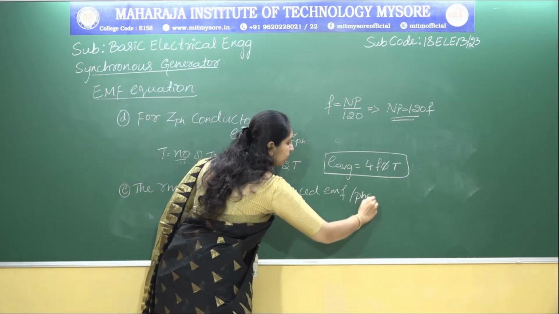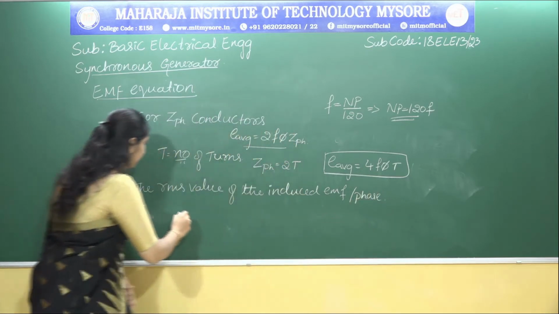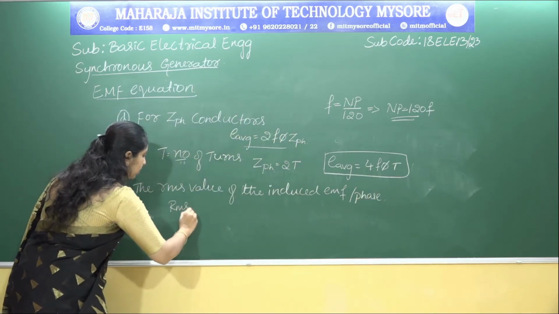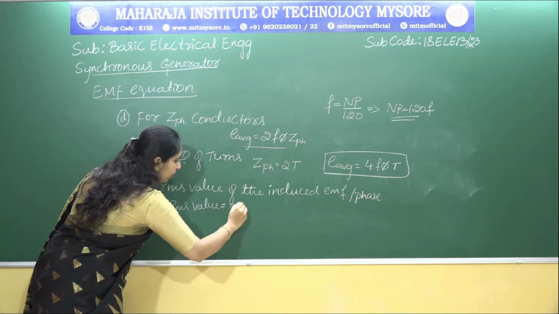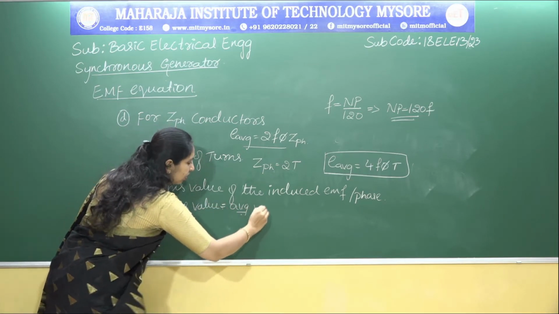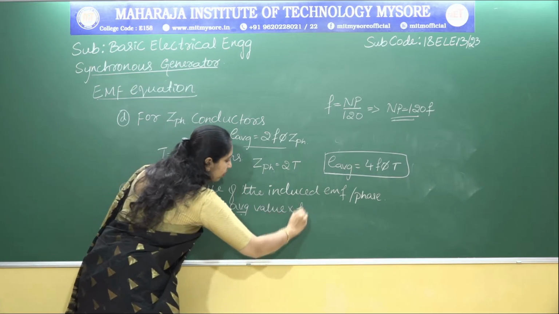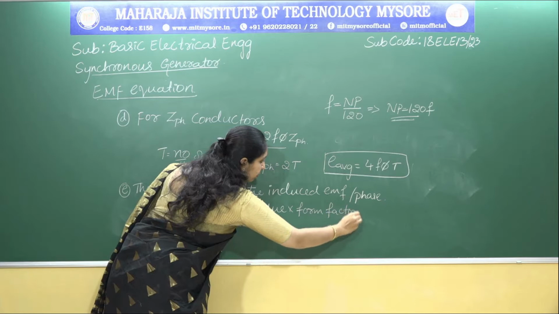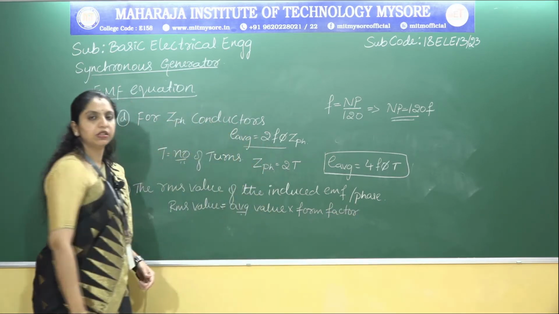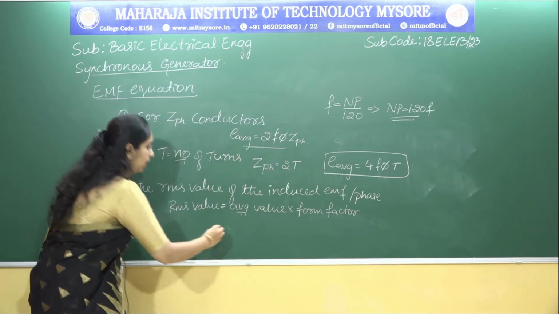So per phase we express it as, and we know that RMS value is equal to average value into form factor. I hope you remember the concept of form factor.